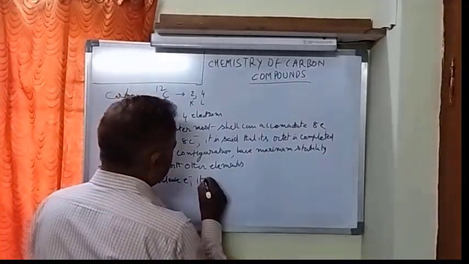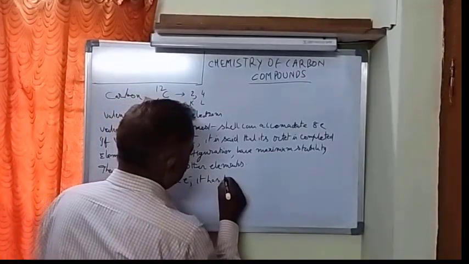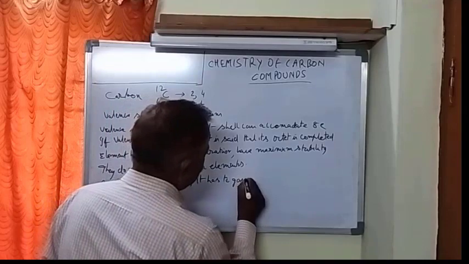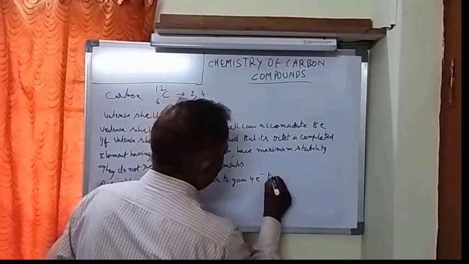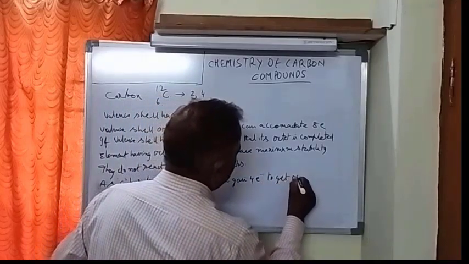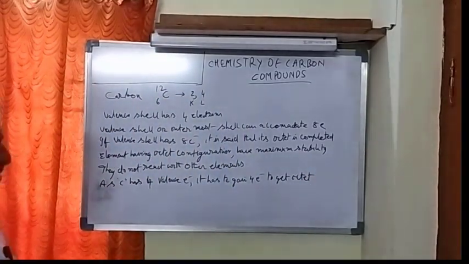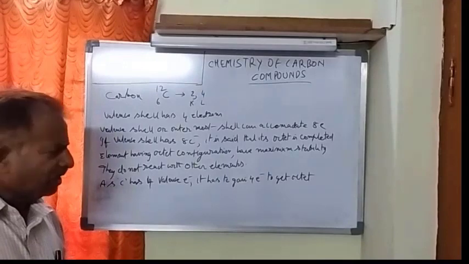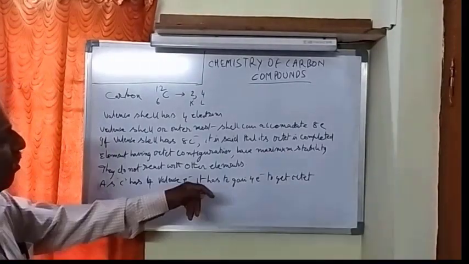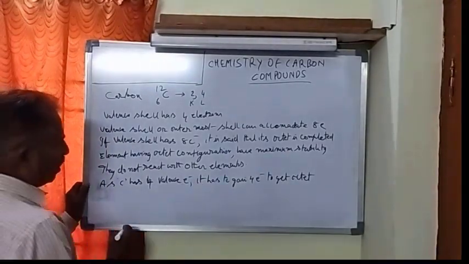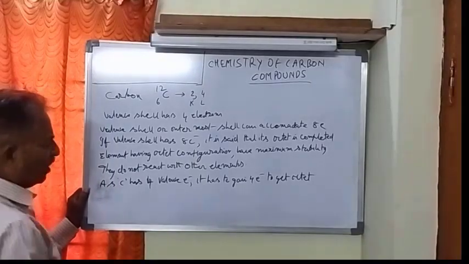There are 2 possibilities for it. It has to gain 4 electrons to get octet. But can it gain 4 electrons? Gaining 4 electrons is highly difficult. So 4 electrons it does not gain. And what is the other possibility?